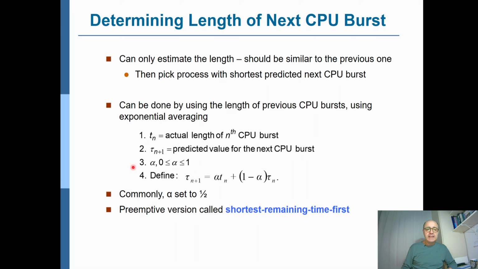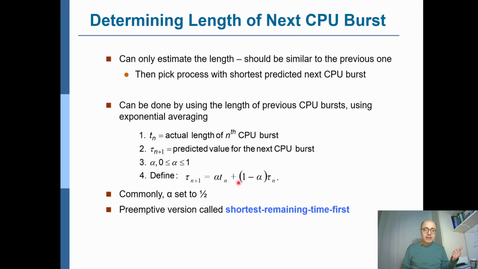So we define the predicted value for the n plus first CPU burst as alpha times what we have already observed for the previous CPU burst, plus 1 minus alpha times what my estimation for that CPU burst was.